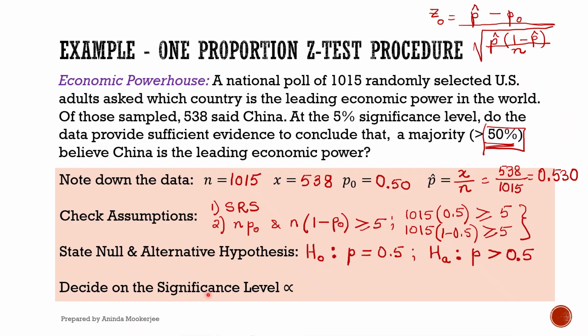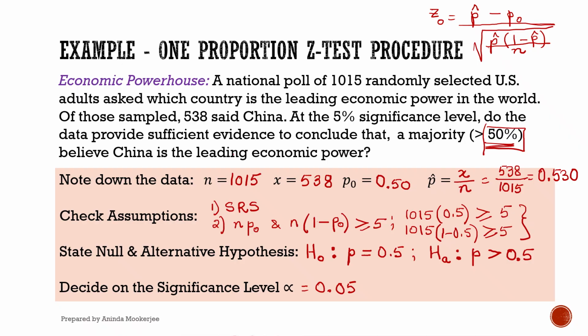And then it says decide on the significance level. That value for alpha will come to us from this 5% significance level, the measure at which we are conducting the test. And at the 5% significance level, of course, alpha is going to be a decimal value, so we have to convert it into decimal. 5% is 0.05.